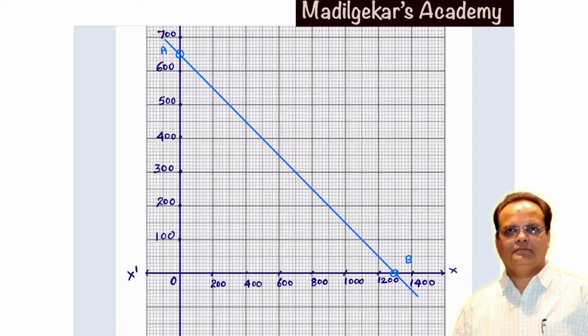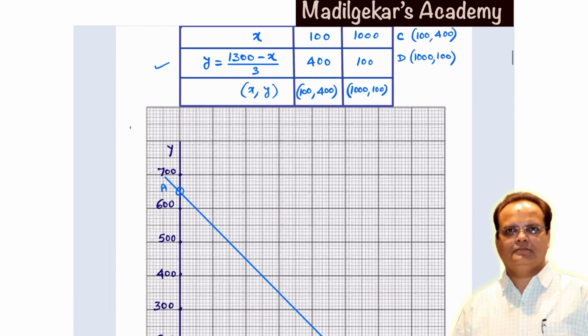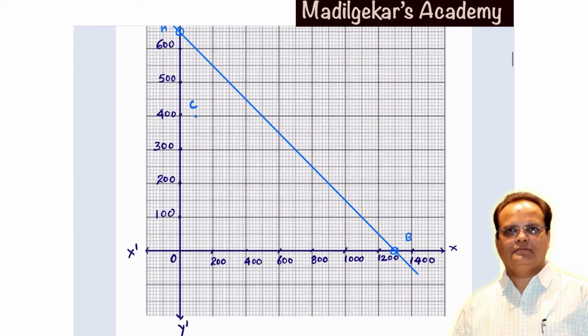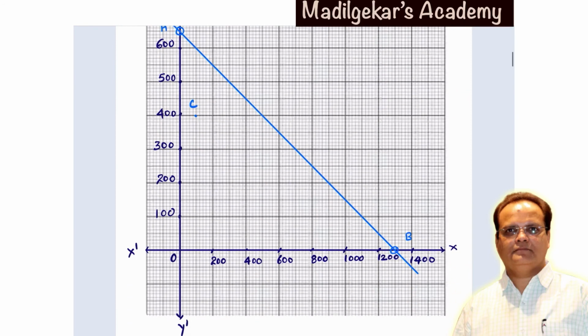To plot the second equation, the points are 100 and 400. 100 on the x-axis and 400 on the y-axis. So it will be here, C point. Next is (1000, 100). This is D point.